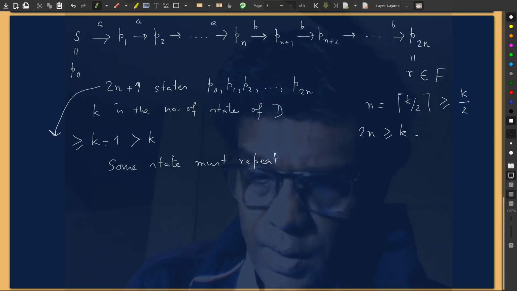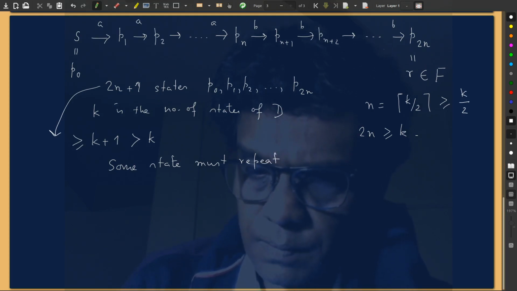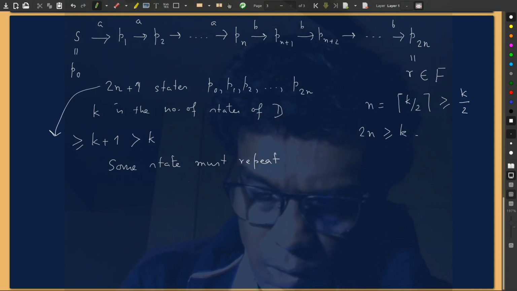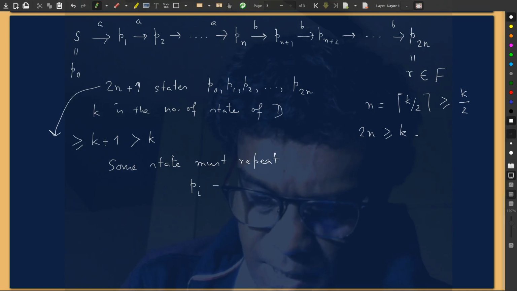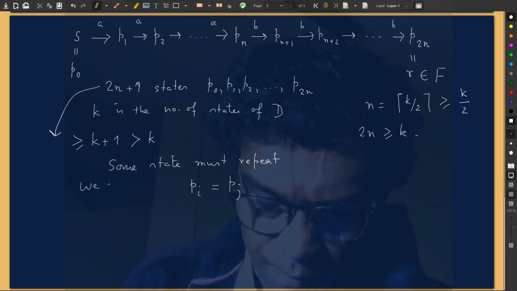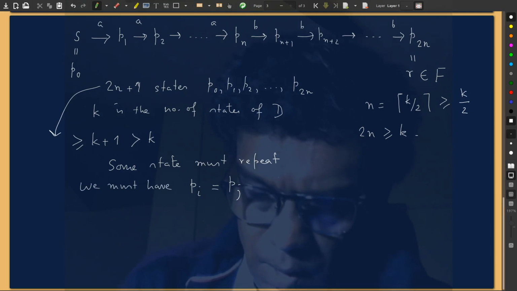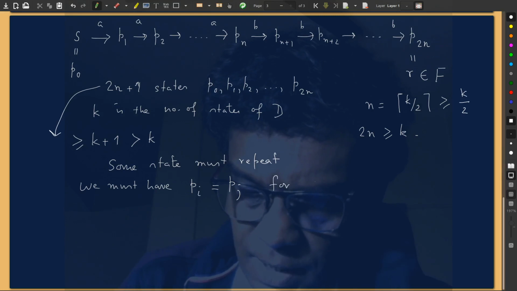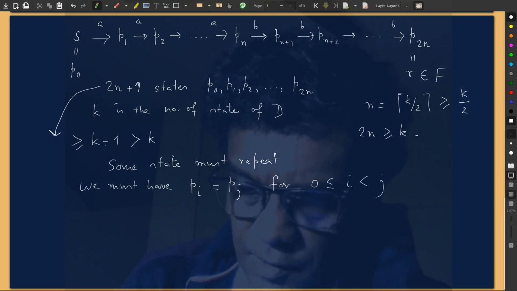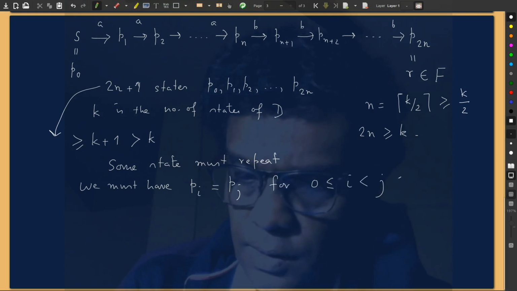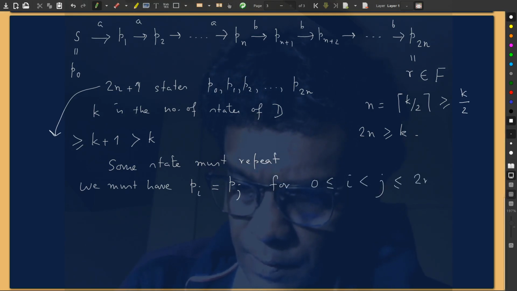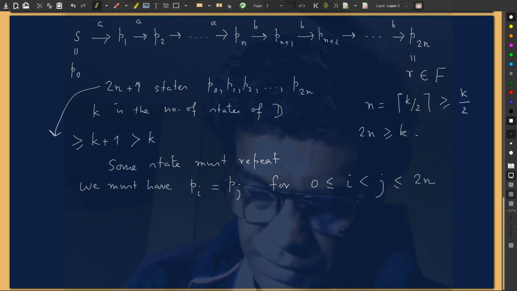In other words, we must have some pi equal to pj, for some i and j in the range 0 less than or equal to i, with j bigger than i, less than or equal to 2n.